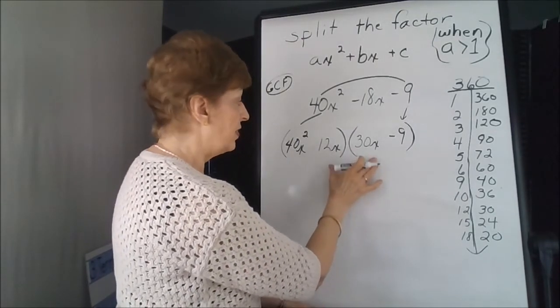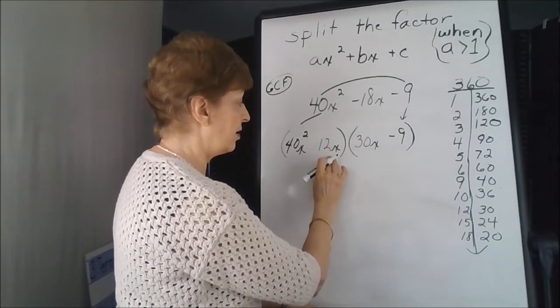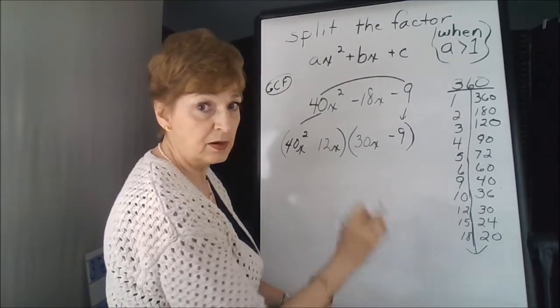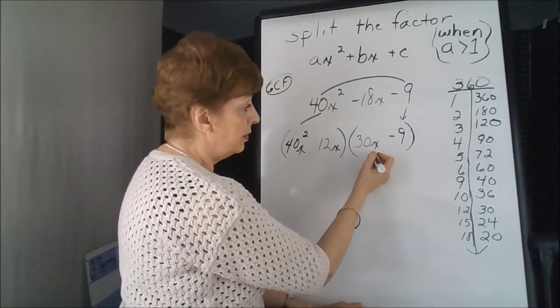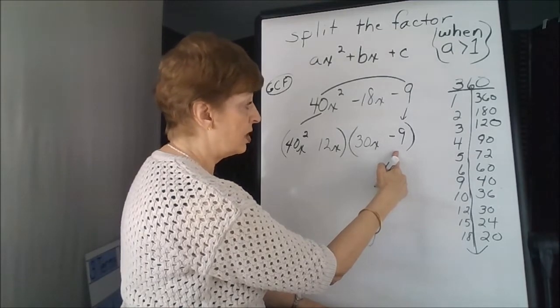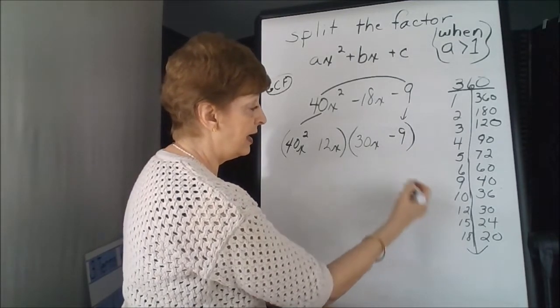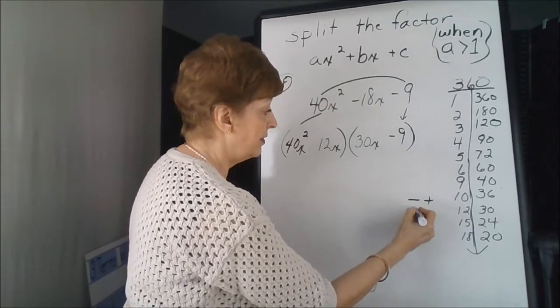I'm not sure that these are in the right spots, though. It might be the 30 goes over here. We'll have to pay attention as we work through our problem. Our signs, the last sign here through multiplication is negative. So one has to be negative, one has to be positive.